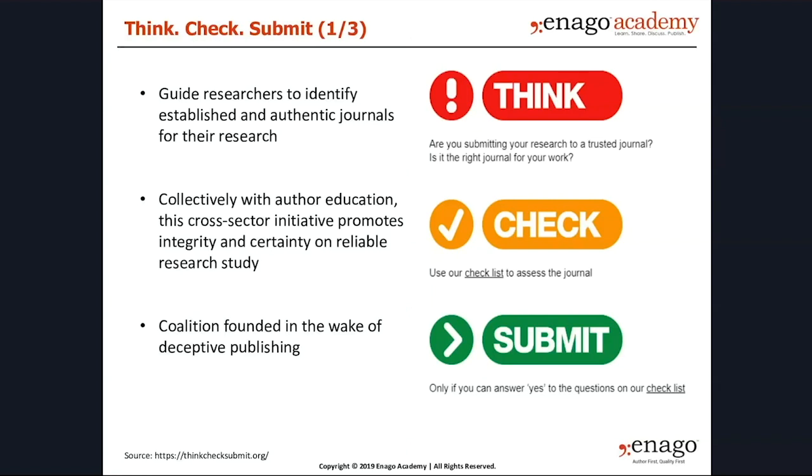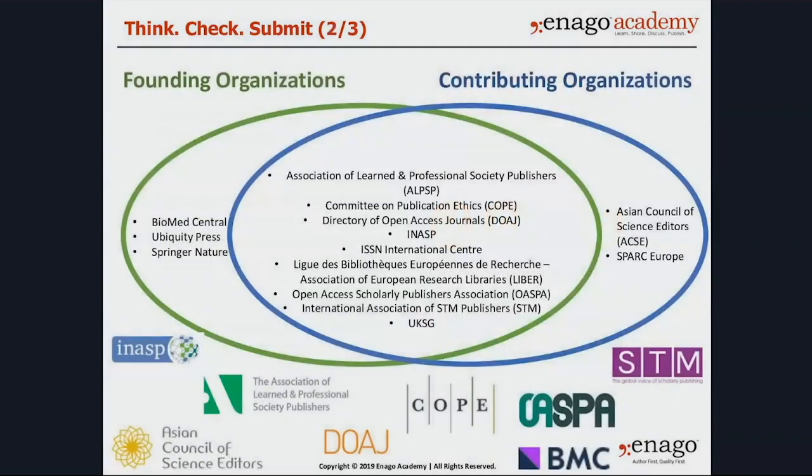So the Think, Check, Submit initiative is designed to help avoid those types of journals. And they have a checklist for assessing the quality of a journal based on all the types of things I've just been speaking about, the kind of integrity and editorial processes that journals have.